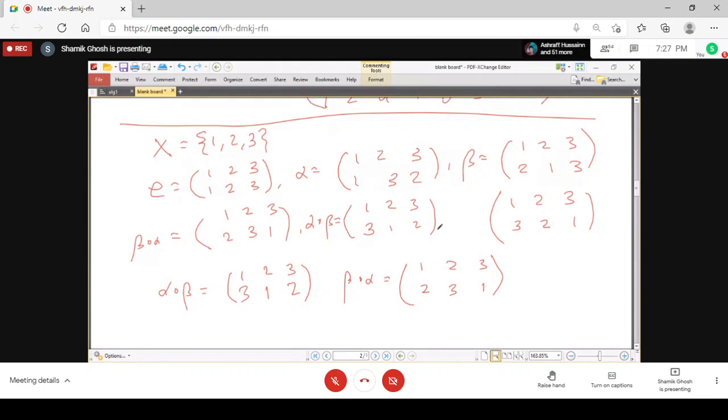So the group is non-commutative. Here alpha beta is not equal to beta alpha. In fact, you can show that for any n greater than or equal to 3, Sn is a non-commutative group.